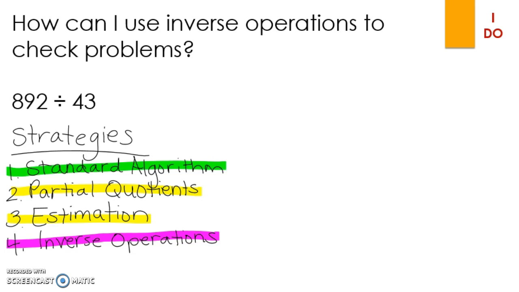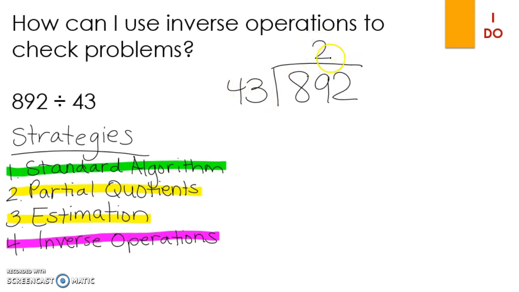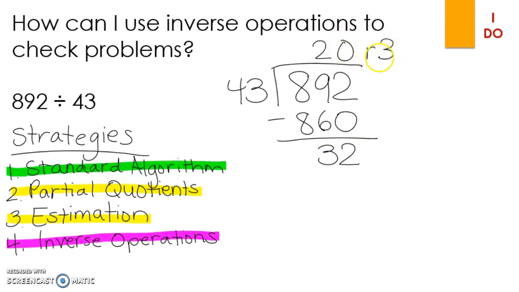So we remember this problem, 890 divided by 43. We would go 20 times, and the remainder is 32. Now, we can use inverse operations to check our answer.